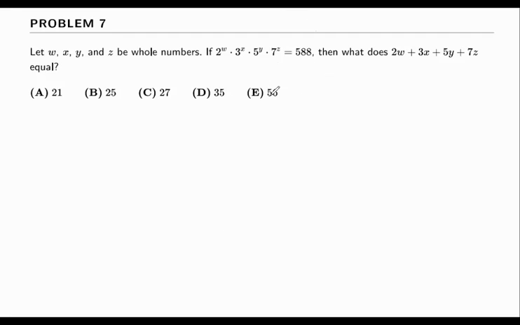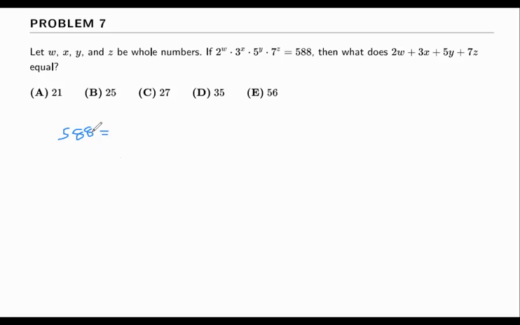As long as you are good with divisibility rules, it's good to just use those. So when you look at the number you are given, 588, the last two digits are 88. If the last two digits are divisible by 4, the whole number is also divisible by 4, which is why I can divide this by 4 to make it smaller.